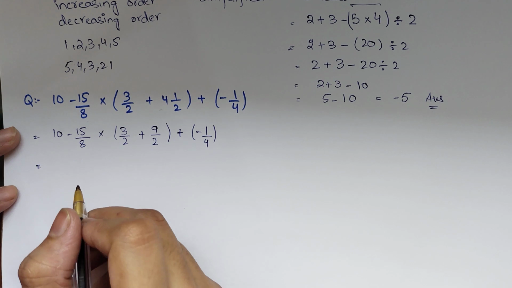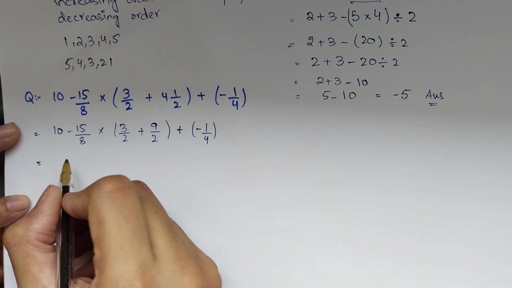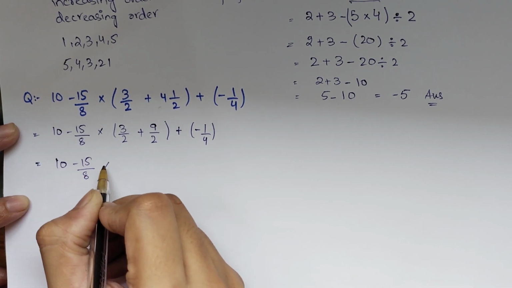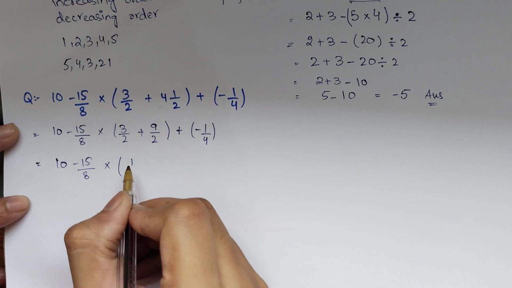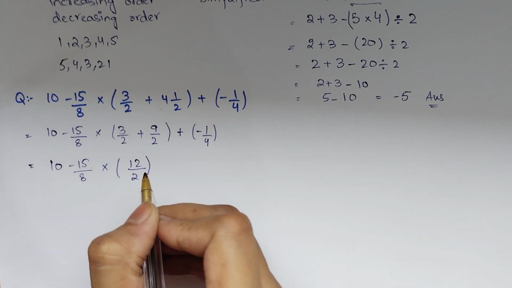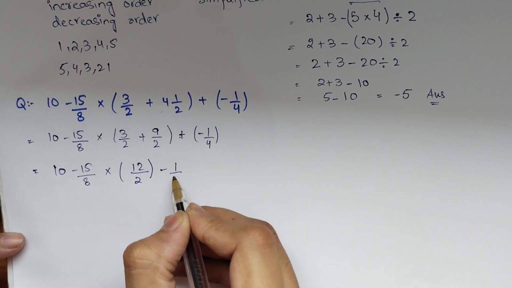Next, we have to perform the brackets first. 10 minus 15 over 8 multiply by 12 over 2, and plus minus minus 1 over 4.